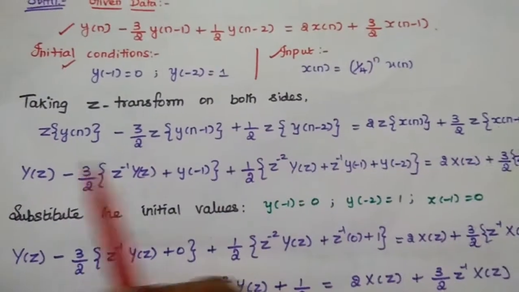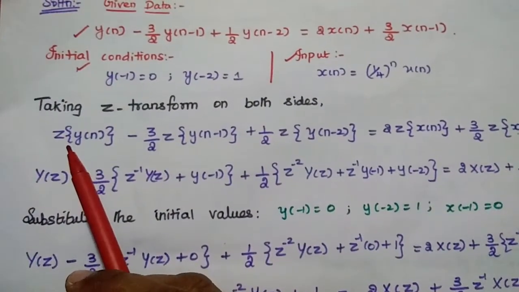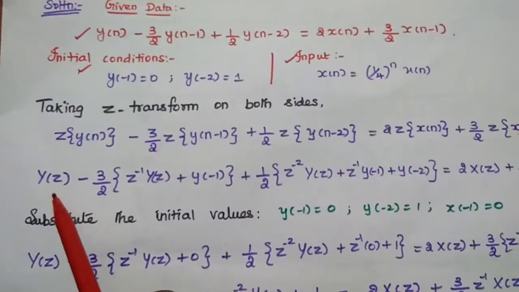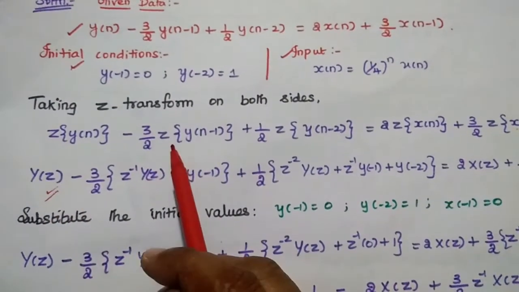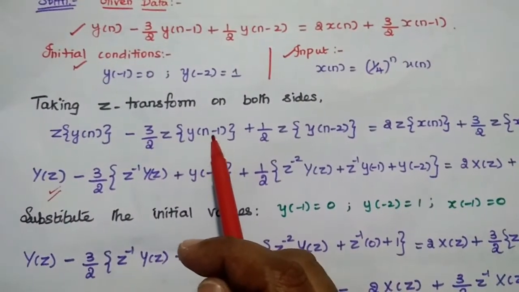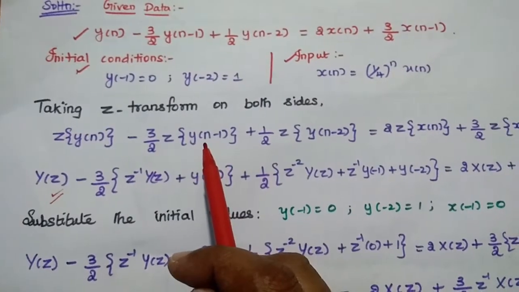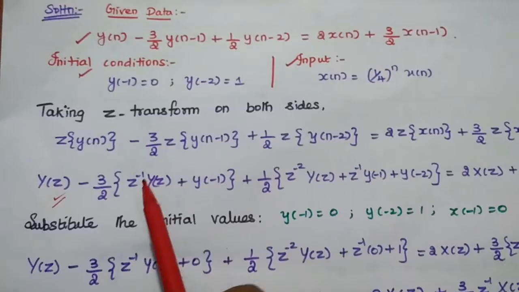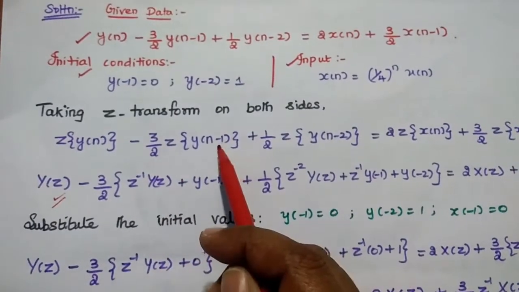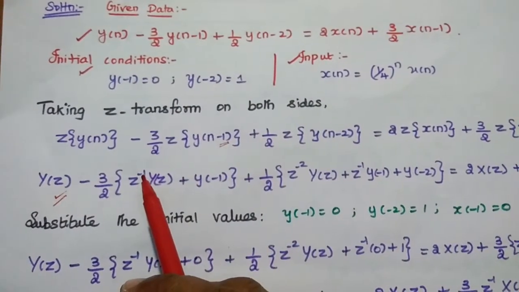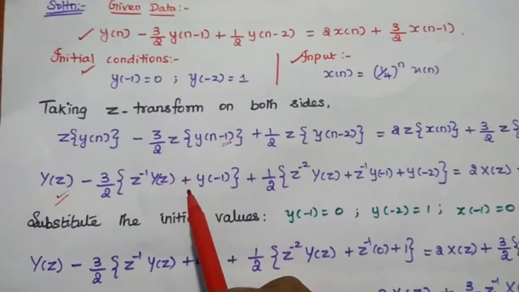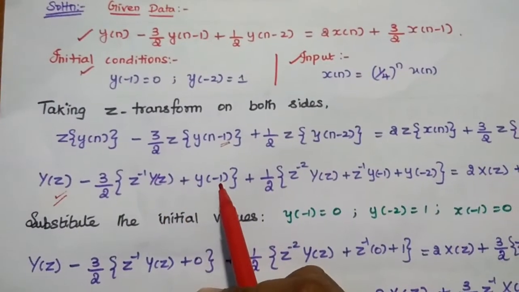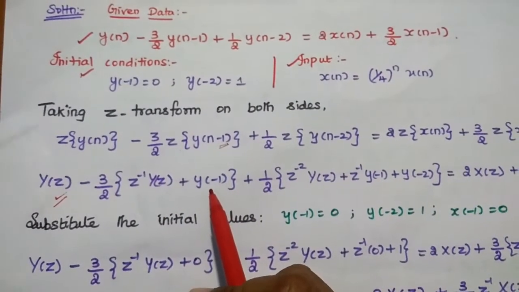In the next step, we know that the Z transform of y of n is nothing but y of z. Z transform of y of n minus 1, as we have already discussed in the formula, is one unit delay, so z power minus 1 y of z plus y of minus 1, that is the initial condition.